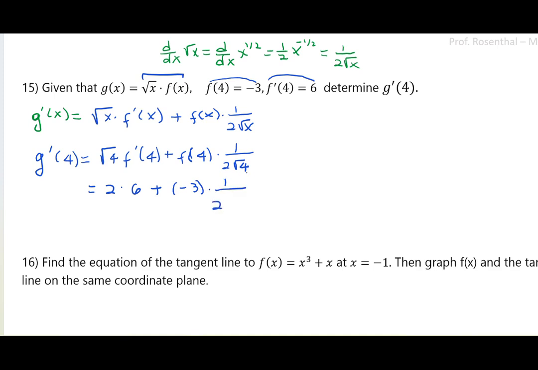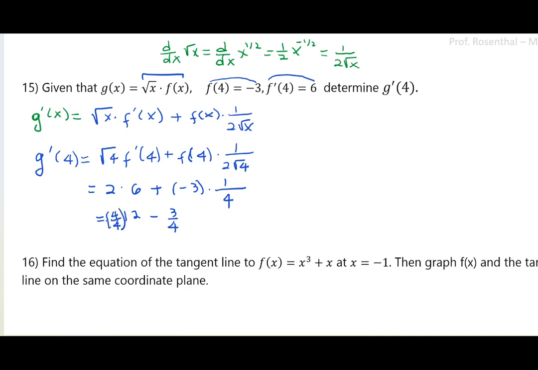Okay, in this case, 2 times root 4, square root of 4 is 2. Outside there's another 2, and 2 times 2 is 4. So it'll be times 1 over 4. So simplifying this a little bit, 12 minus 3 over 4. And we can get common denominators, multiply the first top and bottom by 4.